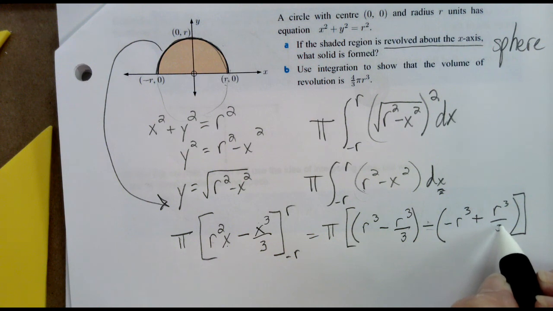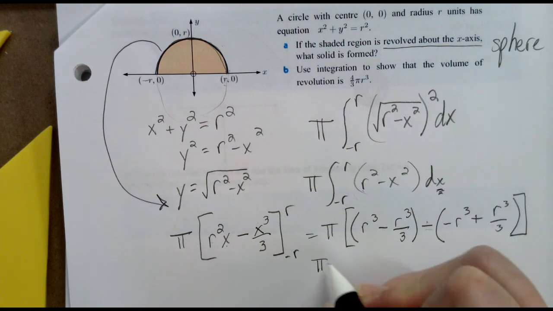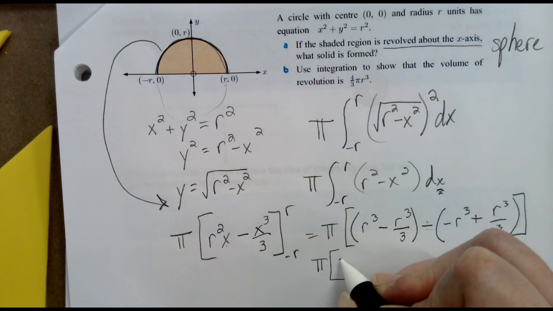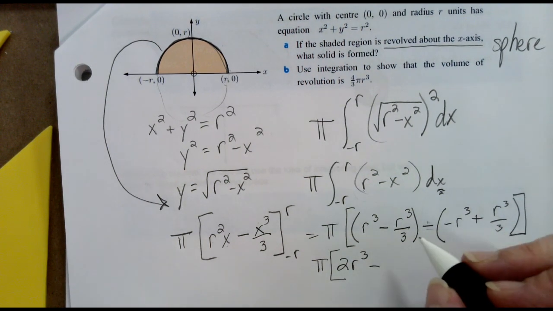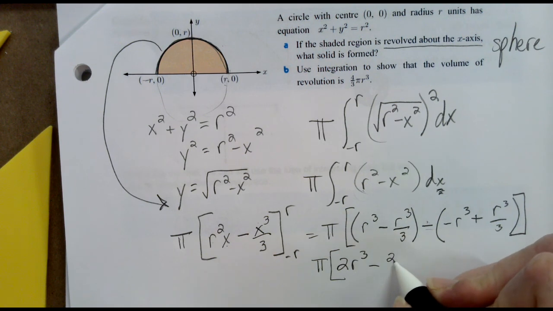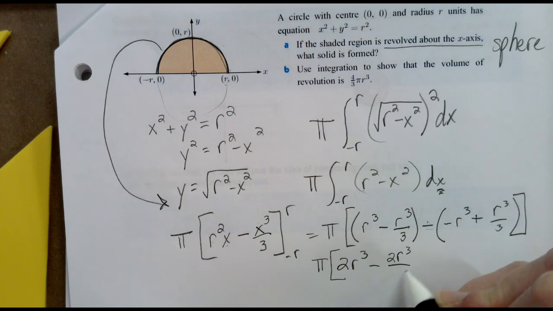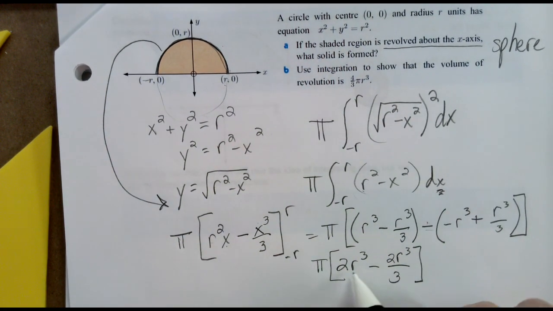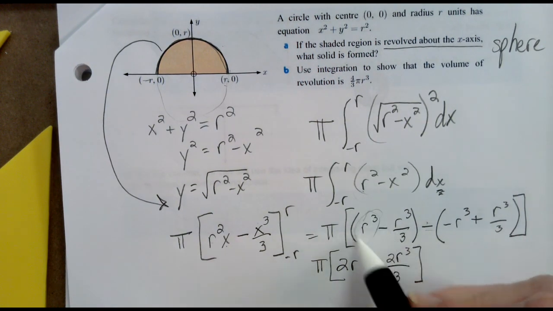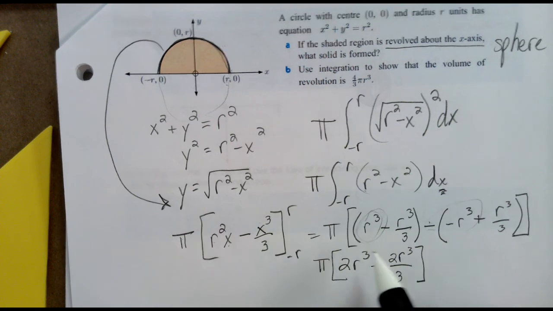So it'll be pi times 2r cubed minus, what did you say? No, it's 2R cubed over 3. The first one would also be over 3. I'm just adding r cubed and another r cubed, which is just 2r cubed.